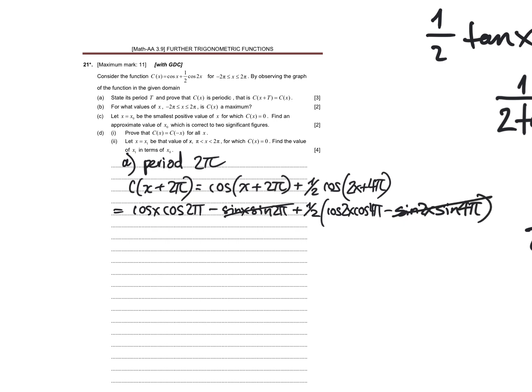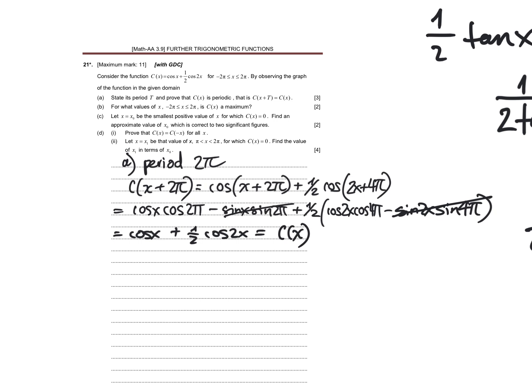Okay, so cosine 2 pi is 1, so this is cosine x, plus cosine 4 pi is 1, so this is 1/2 cosine 2x, which is equal to c at x.